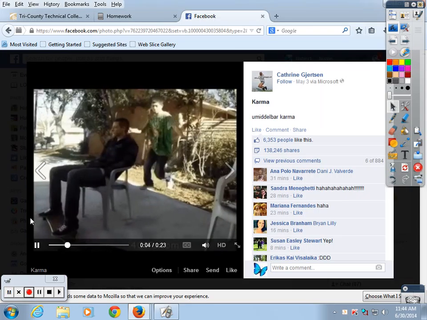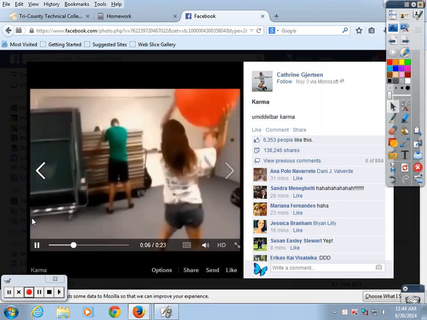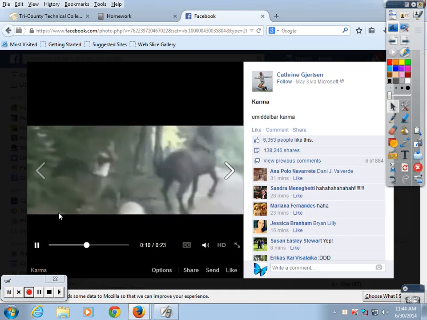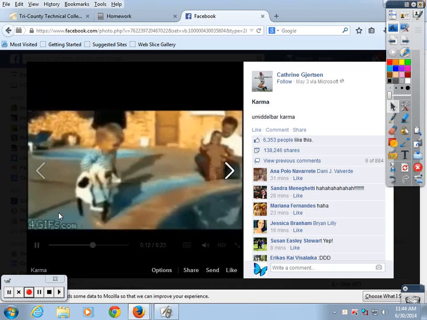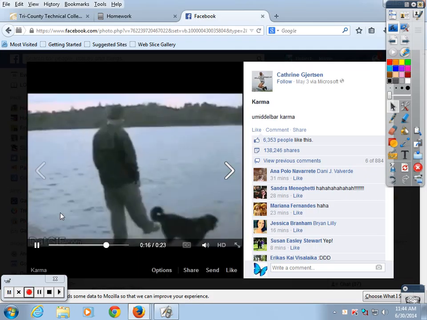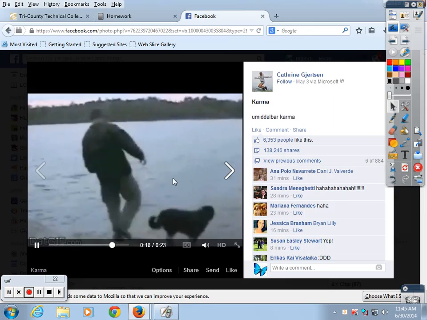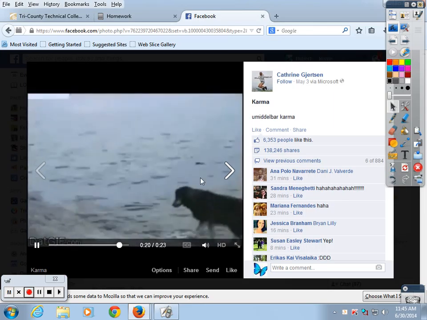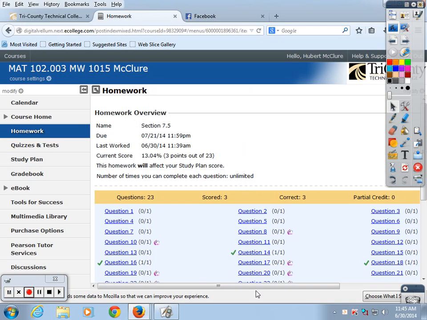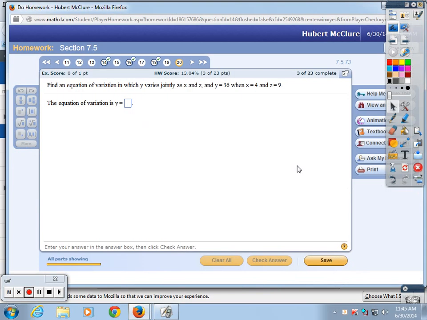At least he didn't hurt his car. The cat claws him. So watch out when you try to do something. You better watch out. Alrighty. I thought it was longer than that. I'm sorry. Alrighty.